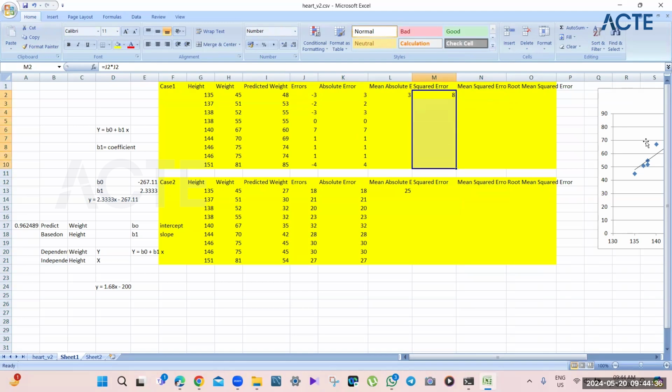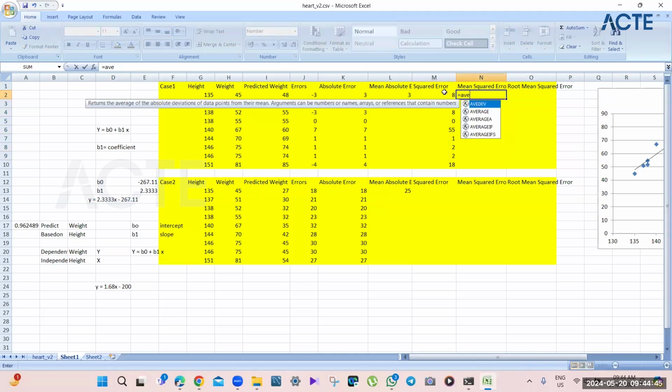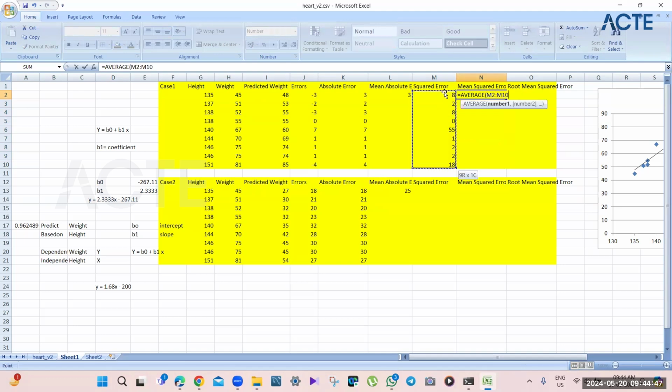So this is your squared error. Then your mean squared error is the average of all these values. 11. And then the root mean square error, that means you are taking a square root of this value.